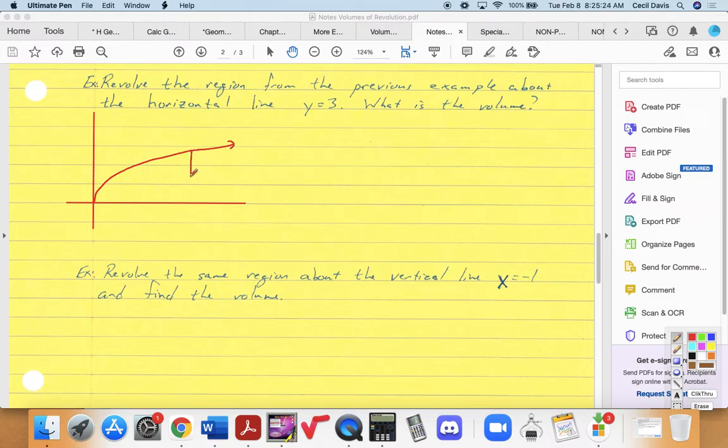X equals 4 is over here. So this is my region. And I'm now revolving this around the line y equals 3, which is somewhere up here, right?